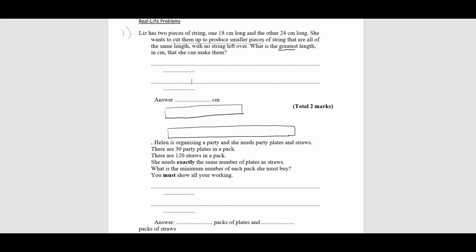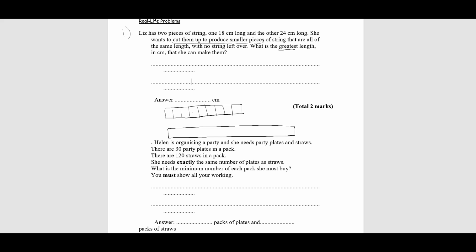We could divide the 18 centimeters into units of 2, couldn't we? We could say we have 9 lots of 2: 1, 2, 3, 4, 5, 6, 7, 8, 9. Each of these little blocks is 2 centimeters long.